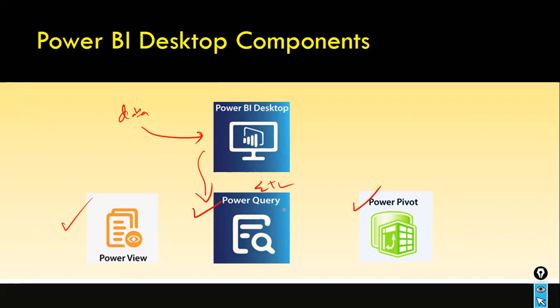Okay, and the next step is, let's say you have combined all the necessary data and also done the data cleaning. The next step is Power Pivot. Using the Power Pivot, you can design the data model. This is very specific to Power BI Desktop. Though Power BI Desktop can identify the relationship between the tables automatically, you still need to review it.